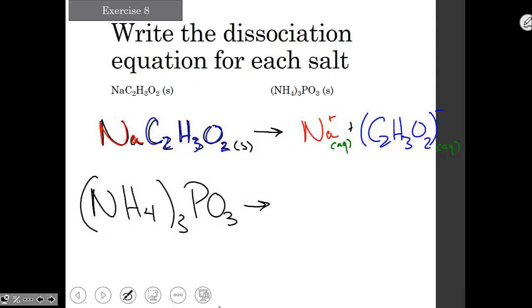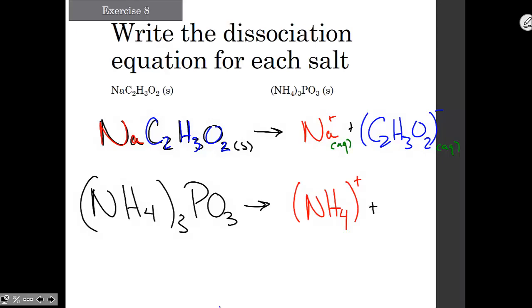Ammonium phosphite would separate its cation, ammonium, which is your only positive polyatomic ion, from its phosphite. Phosphite has a charge of -3, and ammonium has a charge of +1. Since I started with 3 ammoniums, I have to end with 3 ammoniums.